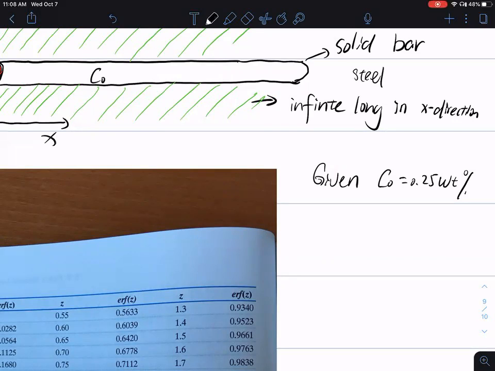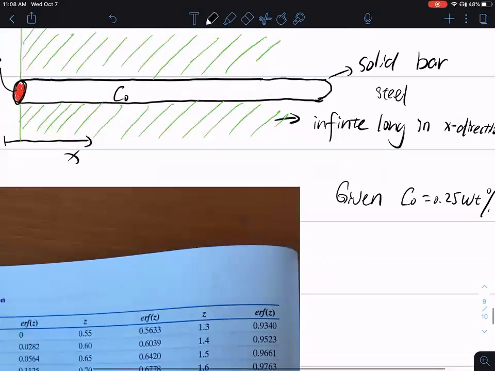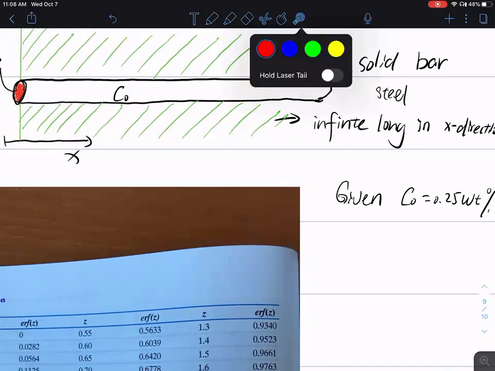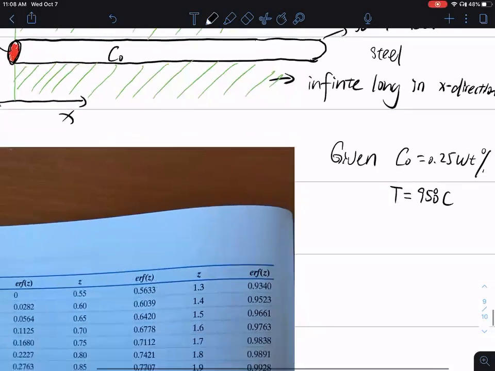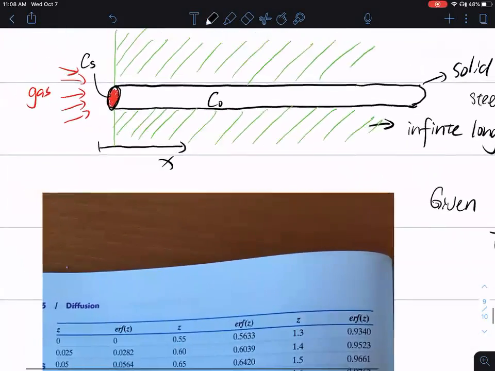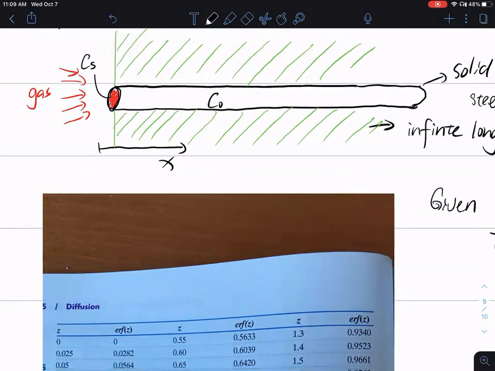And so that's what is inside of this bar, C0. And this bar is at a temperature of T equals 950 degrees Celsius. And on the left end of this steel bar, it's exposed to a high carbon concentration atmosphere.